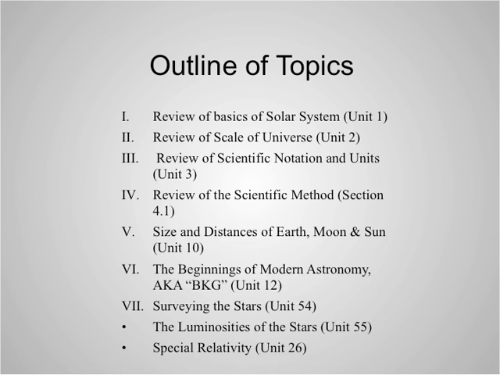Then we will go on to a historic account of the beginnings of modern astronomy, which I like to call the BKG unit for Brahe, Kepler, and Galileo, the three most important founders of modern astronomy. And then we will end with units 54, 55, and 26 coverage of the luminosities of the stars and special relativity.